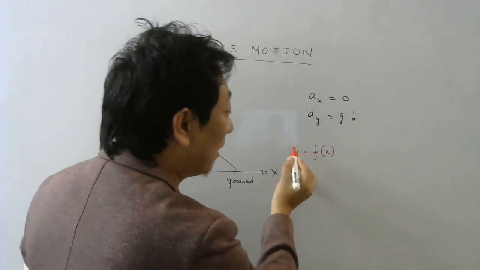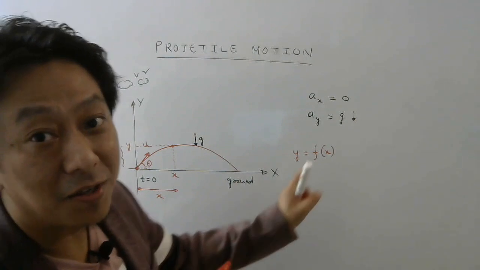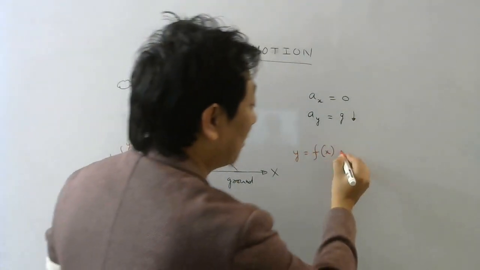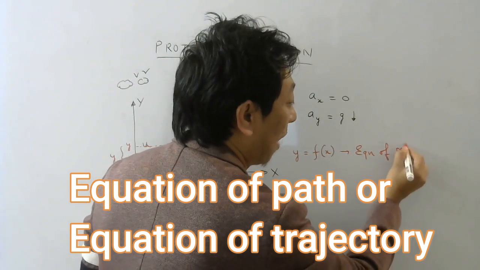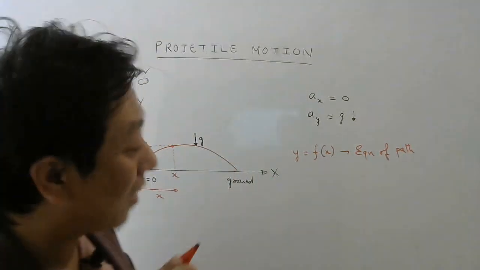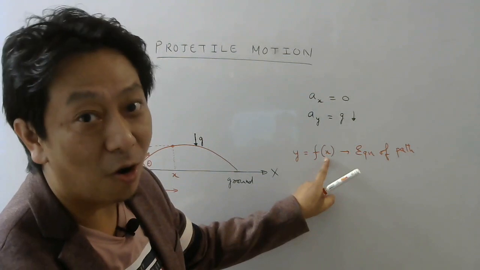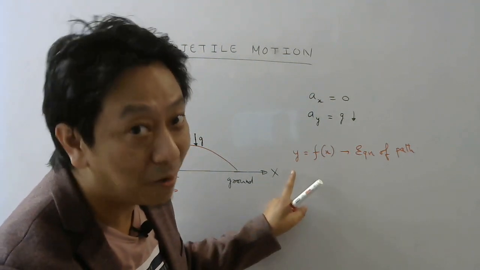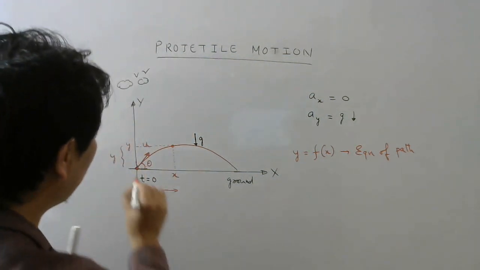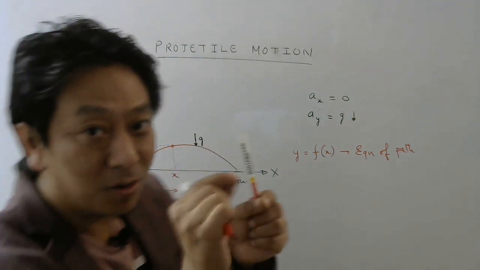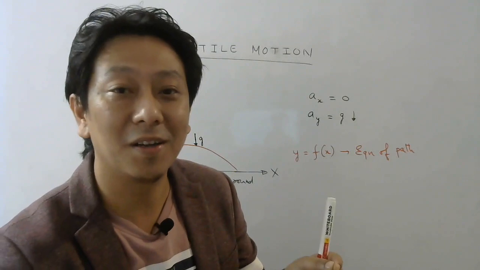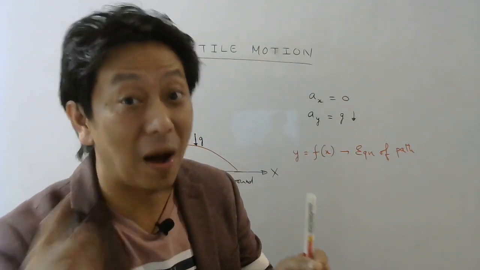So whenever you write y coordinate as a function of x coordinate, that is called equation of path. Because once I know for every x coordinate, if I am able to calculate y coordinate, then it means you know each and every position of the particle. Once you know each and every position of the particle, you obviously know the path.